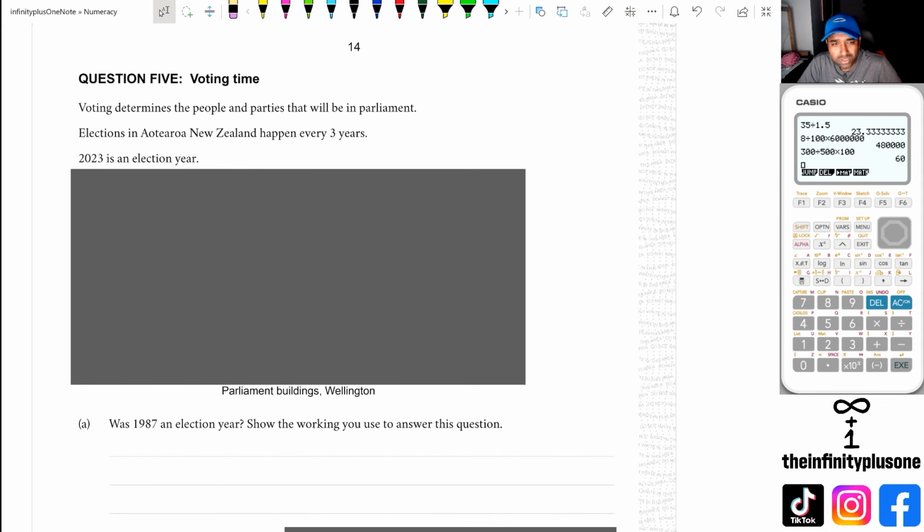Now, you might do it the old-fashioned way, which is to go 2023 minus 3 and just keep going till the end. There are so many ways of doing this. Let me just do this. We're going to go 2023 minus 3 equals that.